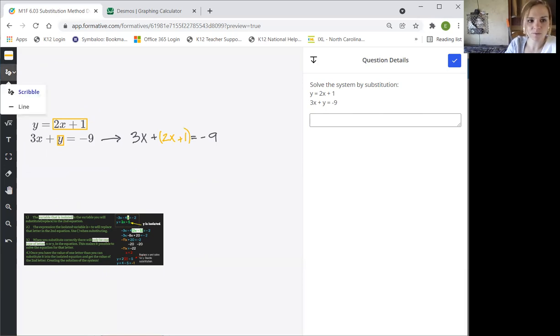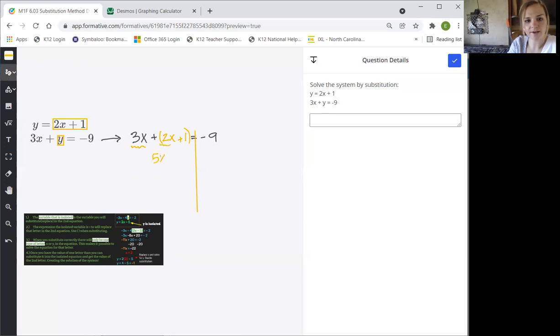So for this one, again, we're going to solve. We see here that they're all split up by addition and subtraction, so we can go ahead and combine our like terms. We don't have anything to distribute. So we want to combine the 3x and the 2x.